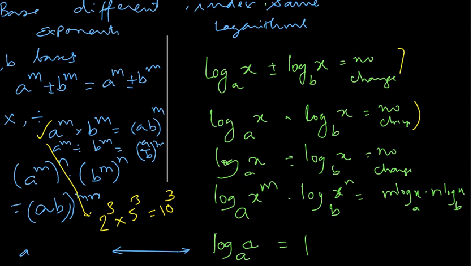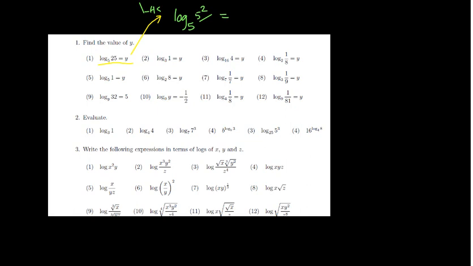Understood? What is the rule I am using? I am using log m to the power of n to any base equals n log m. So this one will come to the front. That's the one I am using here.